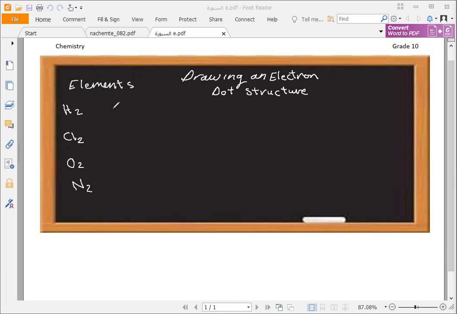Who can give me the number of valence electrons of these elements?